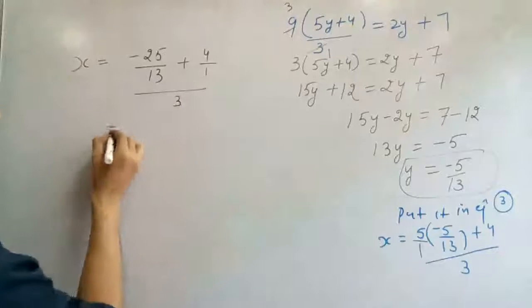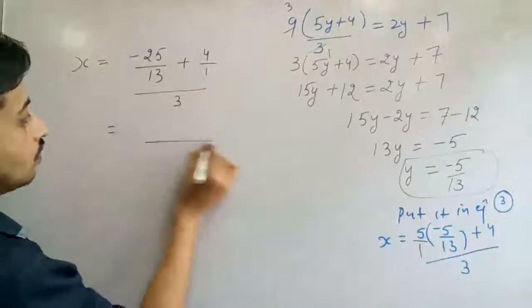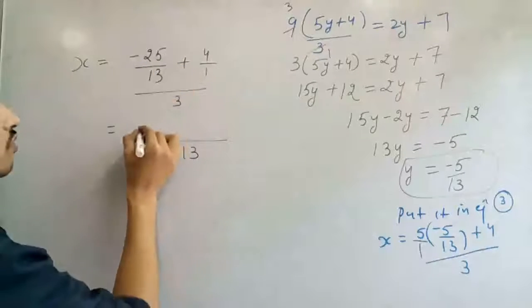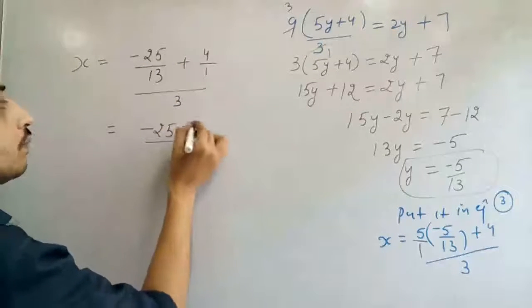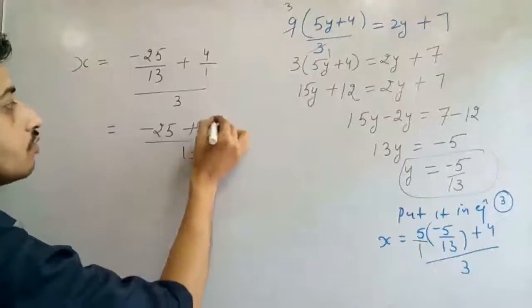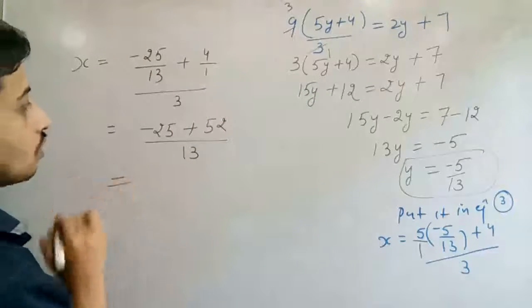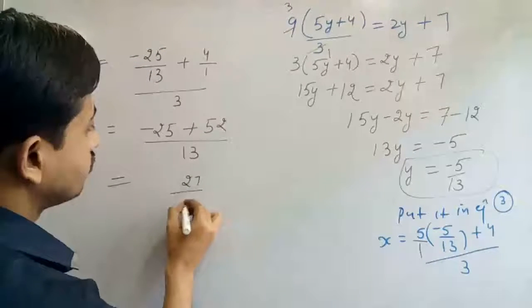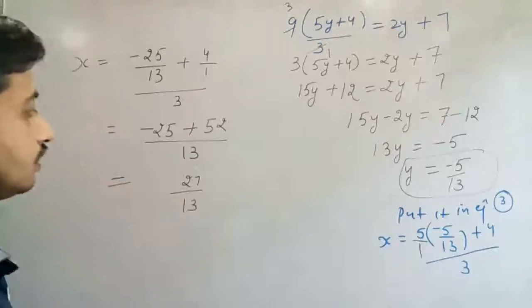Now solve this. I am going to take the LCM. 13 and 1 LCM is 13. To multiply, 1 into minus 25 we get minus 25, plus 13 into 4 we get 52. Now please solve this. 52 minus 25 we get 27 by 13.